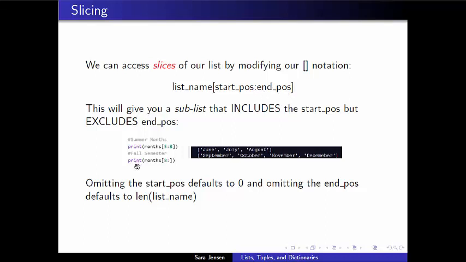So if I ask Python to print months from 8 colon, and then I leave this option out, it assumes I want to go all the way to the end of the list, and it prints me everything from September to the end of the months list. And a similar thing would happen if I omitted the first position, but put a value in the second placeholder. Then Python would assume that I mean to have a 0 here, and it would start with the very first entry of my original list and stop one shy of this ending position.